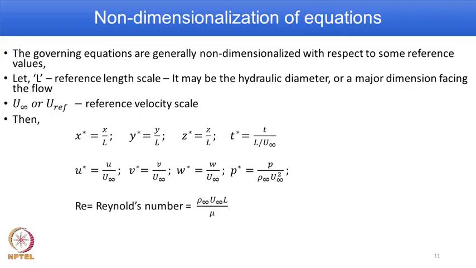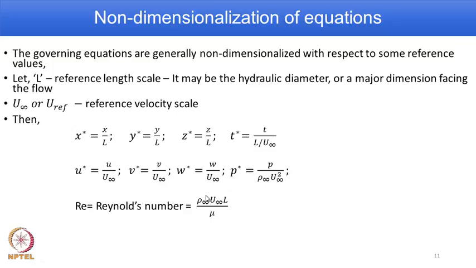And we have just now seen different non-dimensional numbers. So, the Reynolds number appears in the momentum equation when you non-dimensionalize, and we know the definition of Reynolds number is the ratio of inertial force to the viscous force. If you use these non-dimensionalized quantities, then finally you end up with the expression for Reynolds number as rho infinity u infinity L by mu.